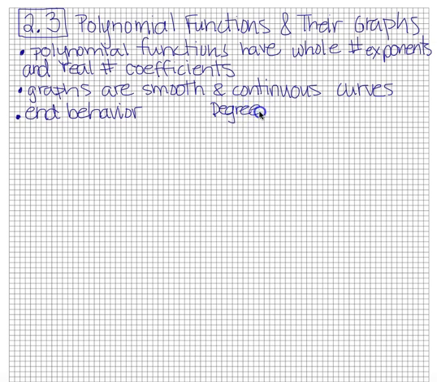A polynomial's end behavior is based on its degree and its leading coefficient. Now, what I'm putting in this chart is not to be confused with any type of answer. These are just the tricks that I use to help people remember what they should look like.